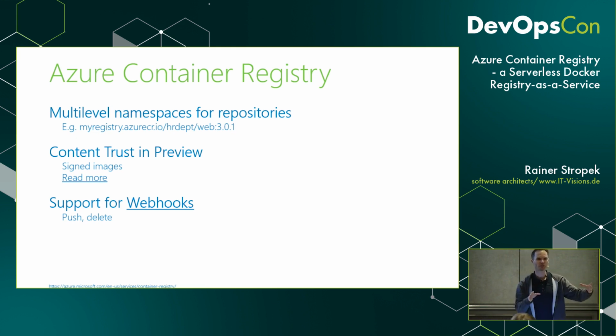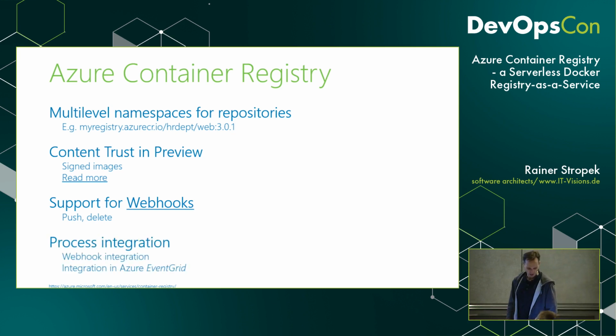And when all these builds have finished, you want to trigger maybe a deployment to a managed Kubernetes cluster in Azure or anywhere else. Maybe you want to send out some emails to people who need to do some manual testing and things like that. So webhook support and in general Event Grid support, Event Grid is a messaging platform on Azure, is built in, and I'm going to show you a demo about that. Yes, and I meant process integration here.